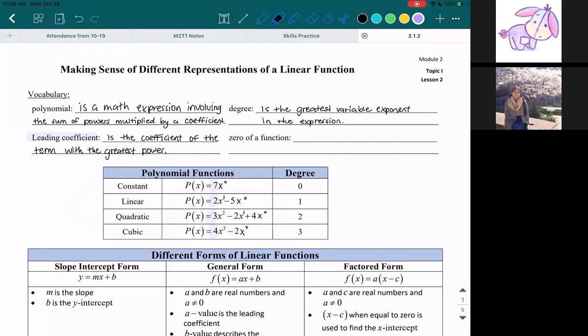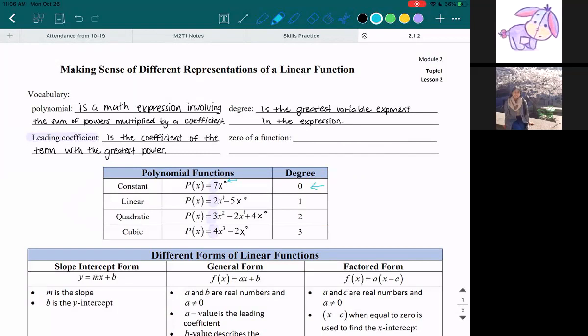So essentially what it means is we're going to look for the biggest power. So taking a look at our constant example, the only power I see, the only exponent, is 0. So therefore the degree is 0.